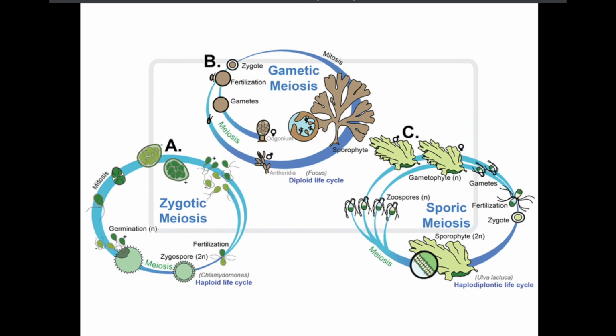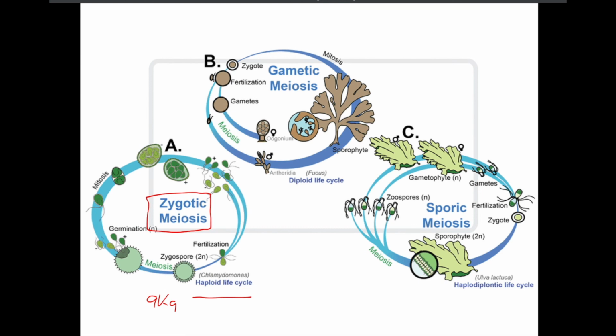Okay, so let's first go to your haploid life cycle. This is what we call the zygotic meiosis, also known as your haploid life cycle or your haplontic life cycle. So why is it called haploid life cycle?